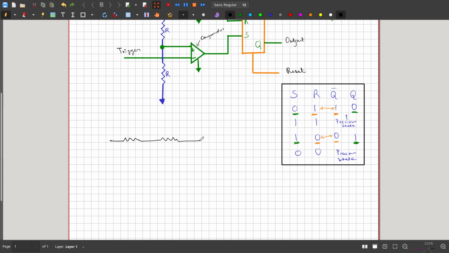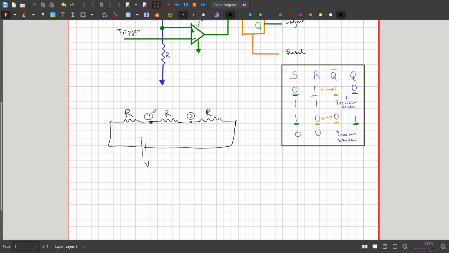If V is the input voltage, and all the resistors are of equal values, let's analyze what the voltage is at point 1 and at point 2. At point 1, we are measuring the voltage across this point and this point, with respect to the negative terminal.